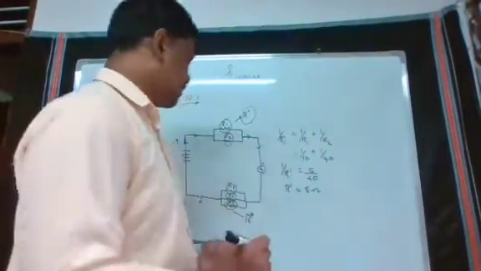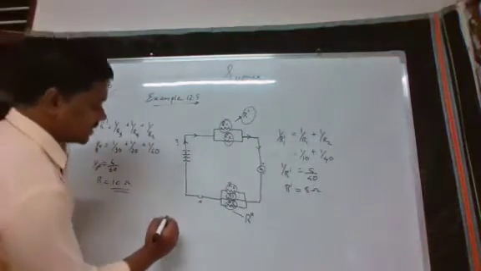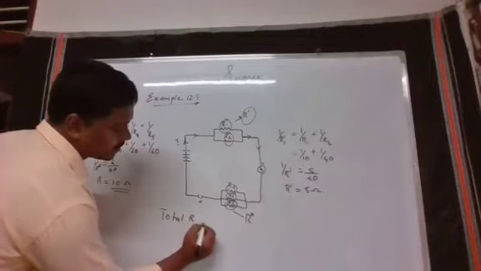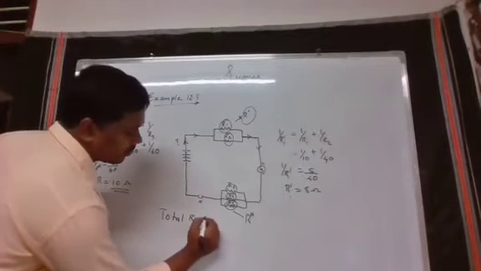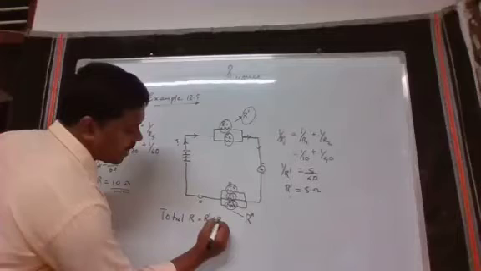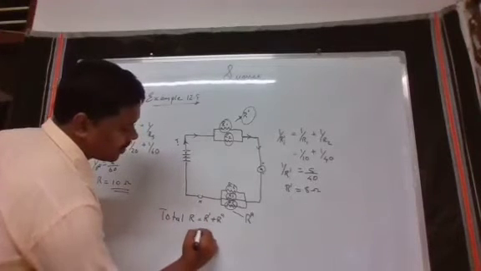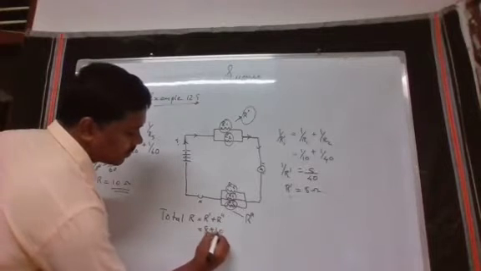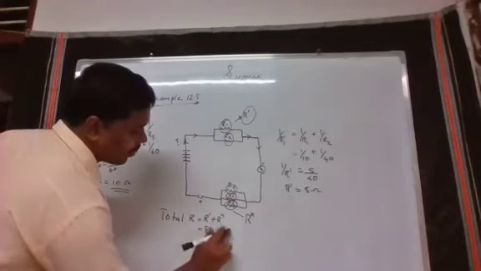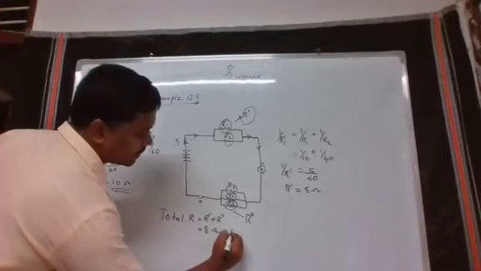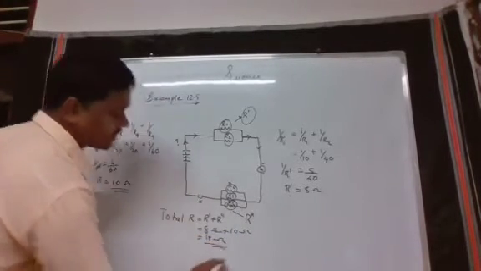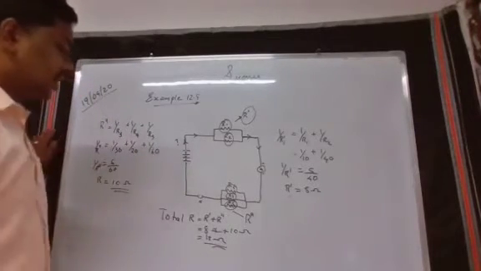Then the total resistance R is equal to R dash plus R double dash. That is 8 ohm plus 10 ohm, and we get 18 ohm as the answer.